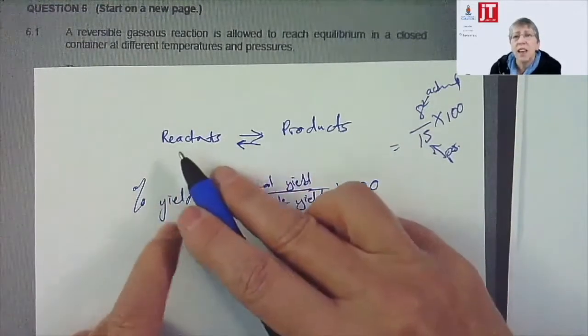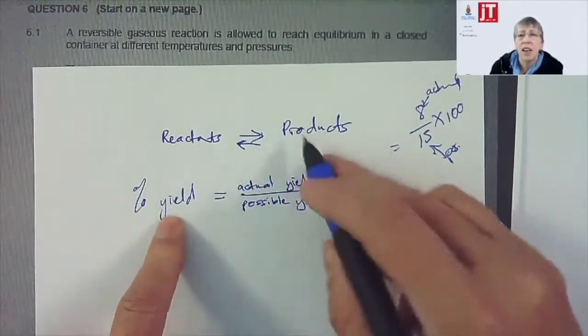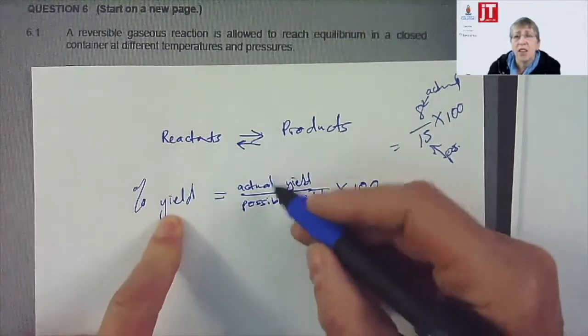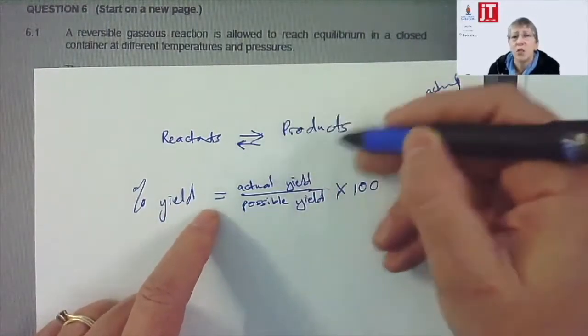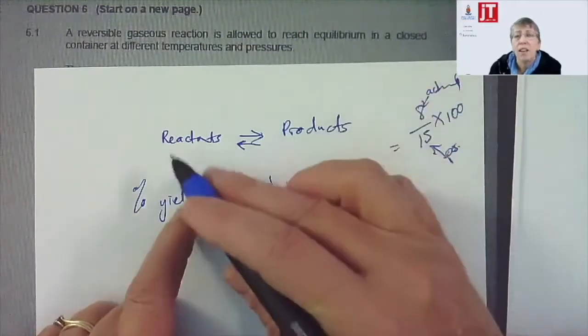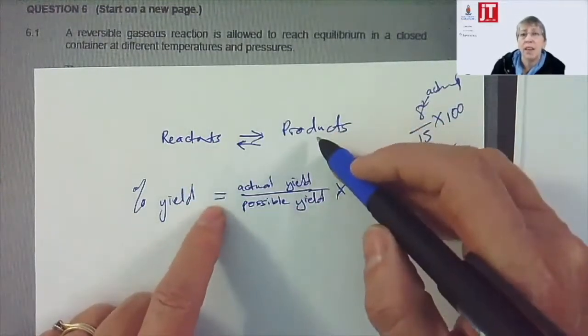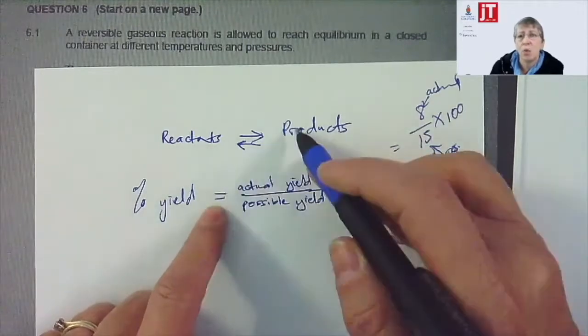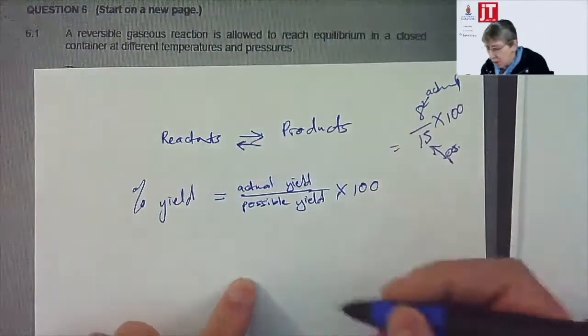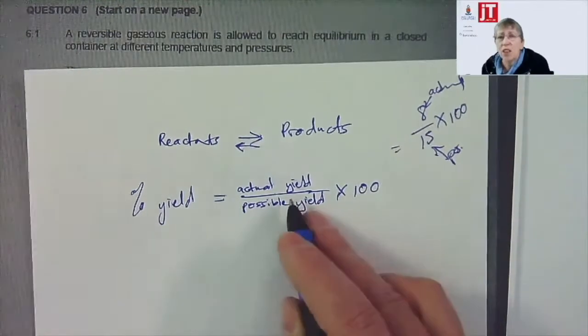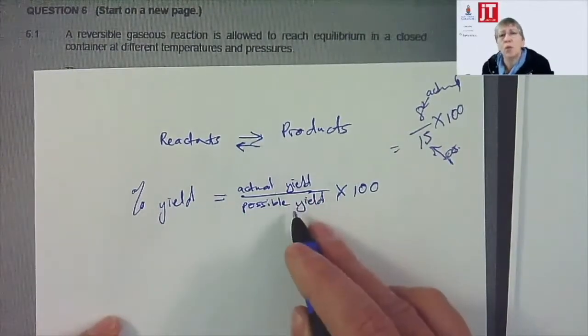So never ever will everything be in the product state. So that's why this is very important now, because it's actual yield: how much is really in the product state, about how much could have been in the product state if it was a single arrow, if it was not a reversible reaction. Right, so we are looking at that. How much formed of what could have formed. Now that is percentage yield.